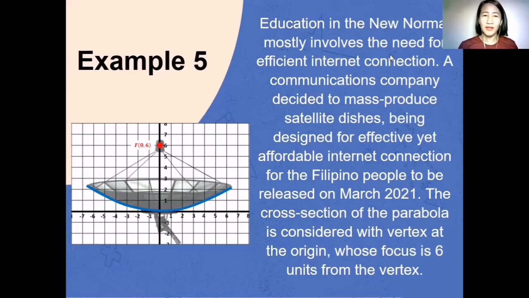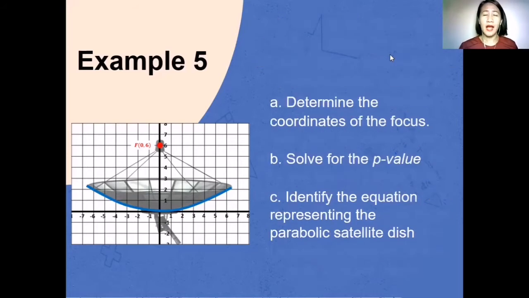So, having this problem, we have to first determine the coordinates of the focus, B, solve for the p-value, and letter C, identify the equation representing the parabolic satellite dish.